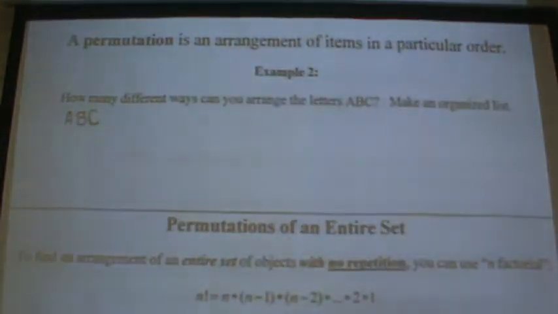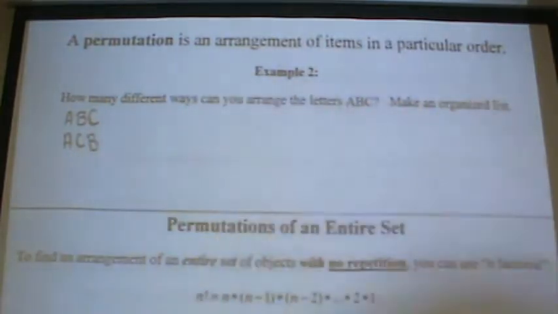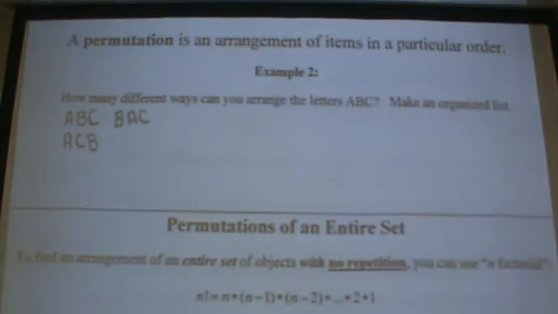So if we start out with what we're given, so we have A, B, and C. We can move the C to where the B is, and that's a different combination. We can put the B first and have AC, that's a different one.